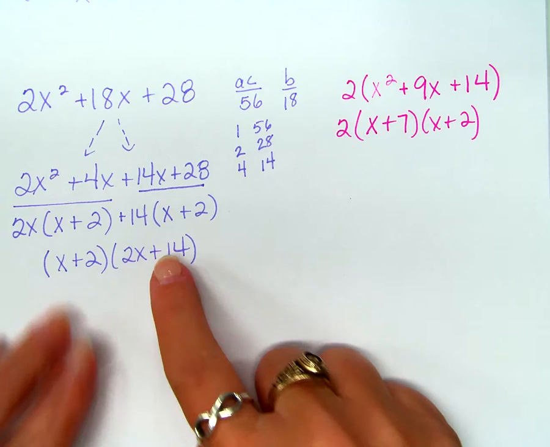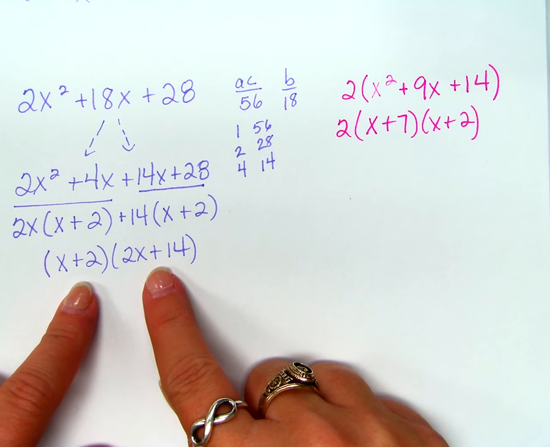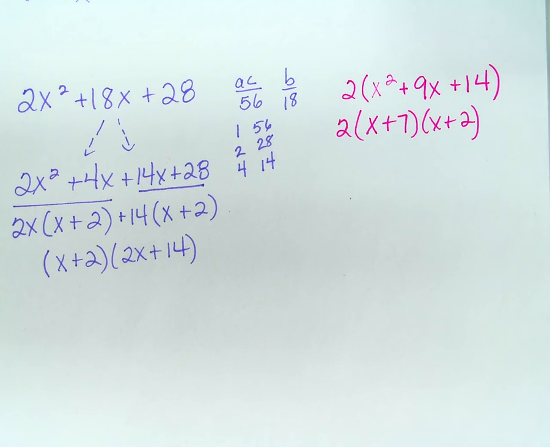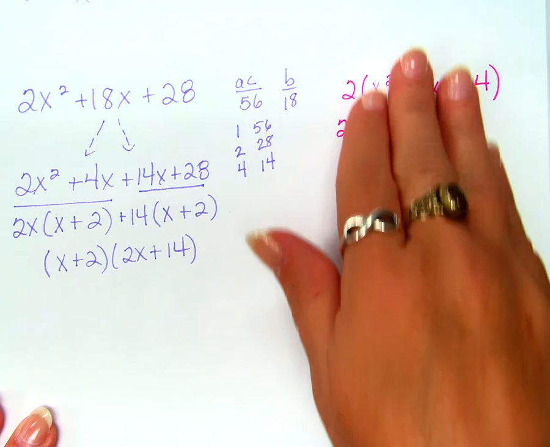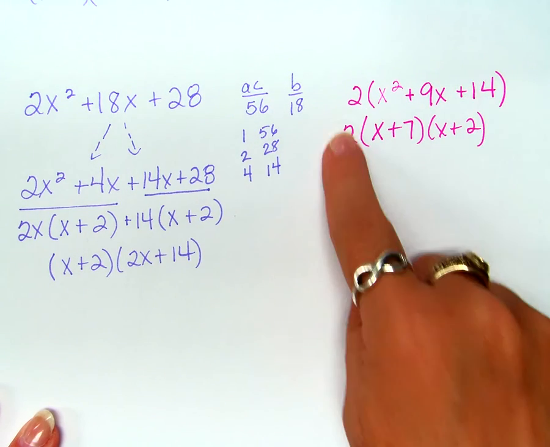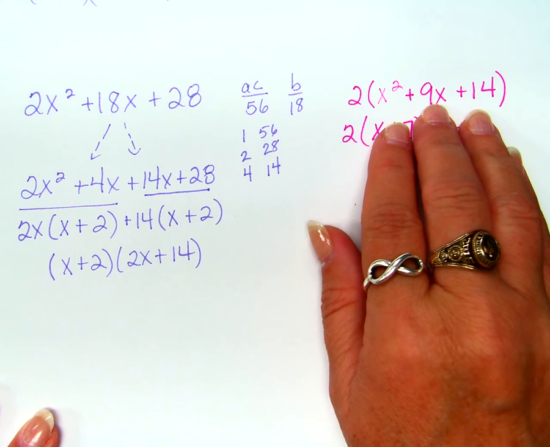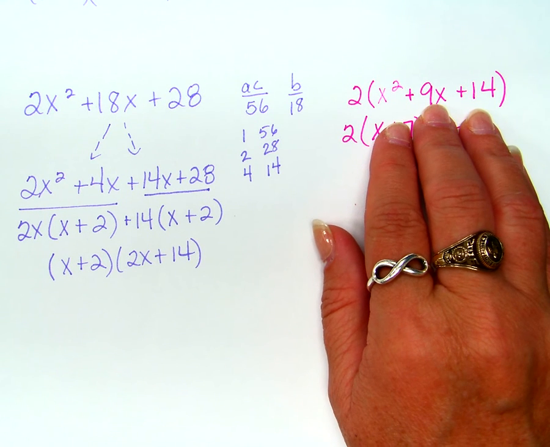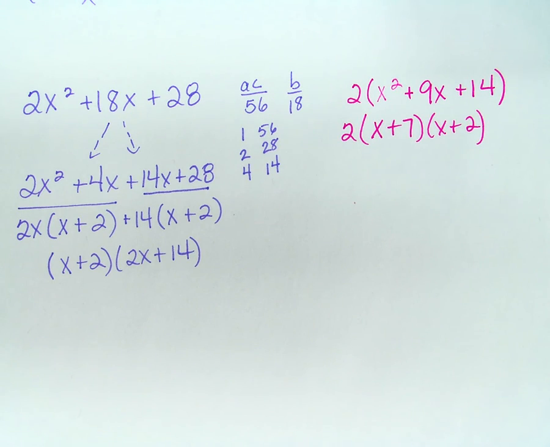So you would get a lot of credit on tests or quizzes for this answer, but not full credit because the directions are factored completely. Okay? So I purposely did this so that I could show you, number one, let's talk about GCFs real quick. Because if we take out the GCF to begin with, in this particular problem, it gave us smaller numbers and it let us use the shortcut because the leading coefficient is now 1, isn't it?